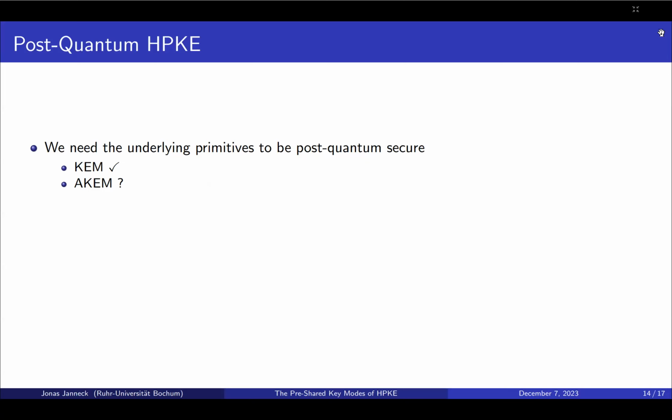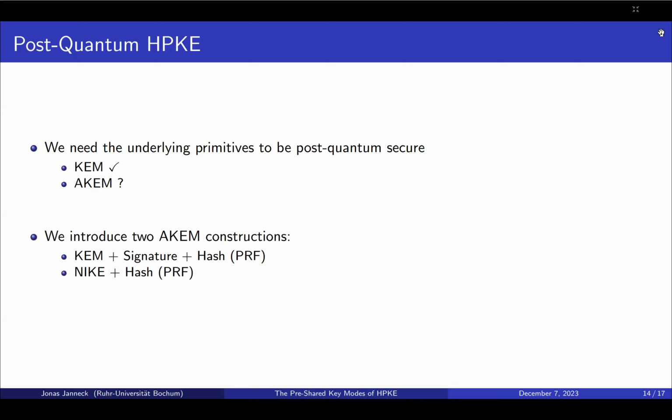For the first component, and for the CAN, we already have some components that are being standardized, but for the authenticated CAN, this is not a standard primitive, and it's not easy to find such constructions which fulfill the security requirements.